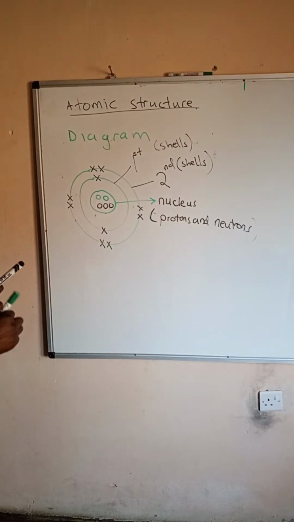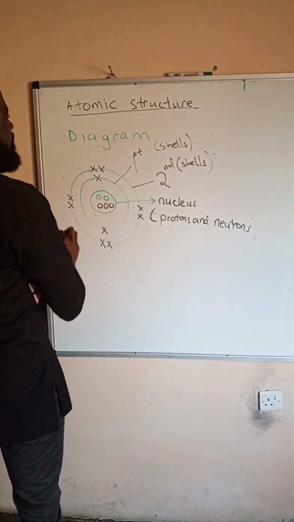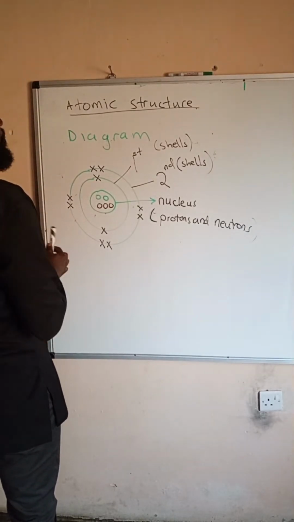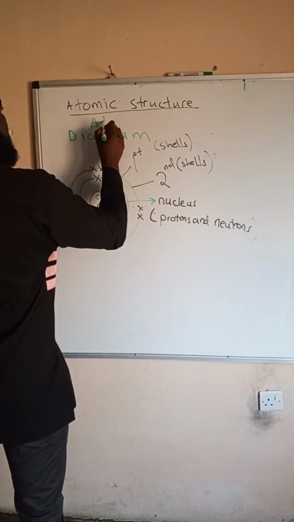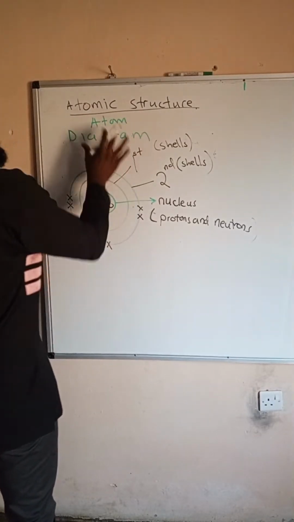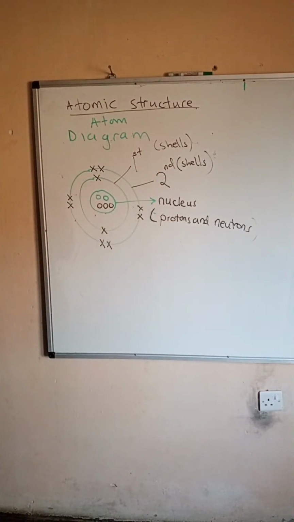So this was just a simple illustration so that you can understand a little bit more. I hope you have drawn. So this is the diagram of an atom, a simple illustration of an atom diagram.